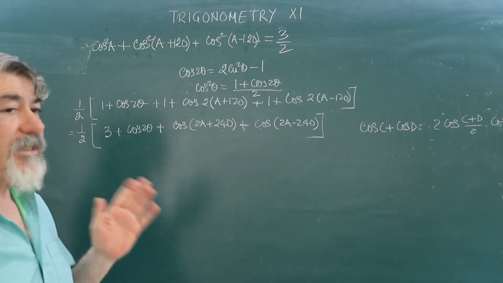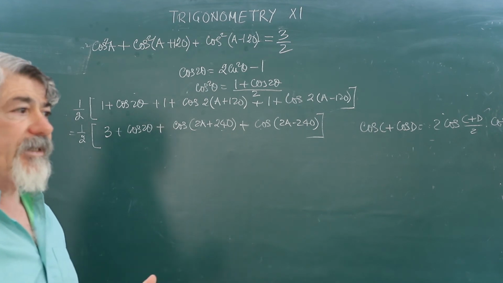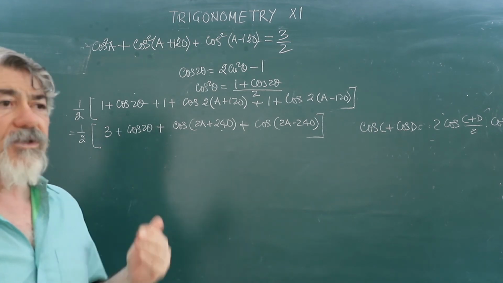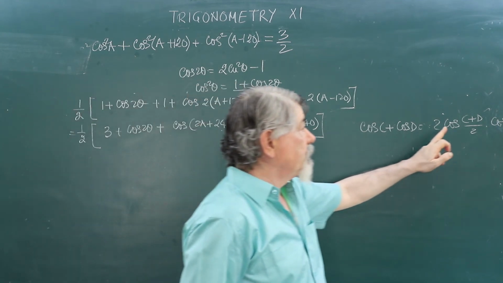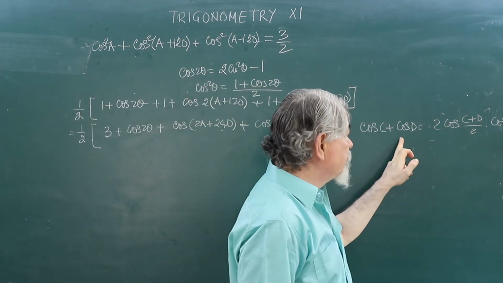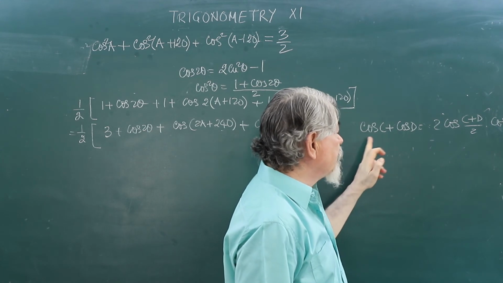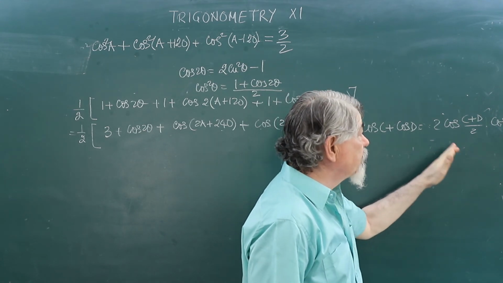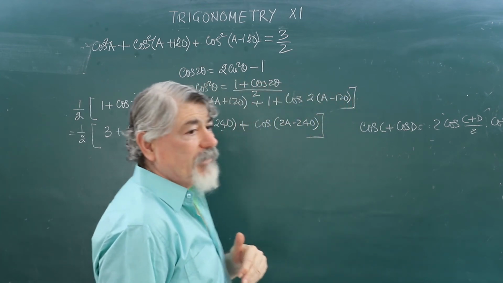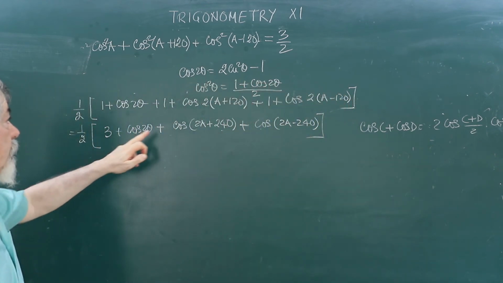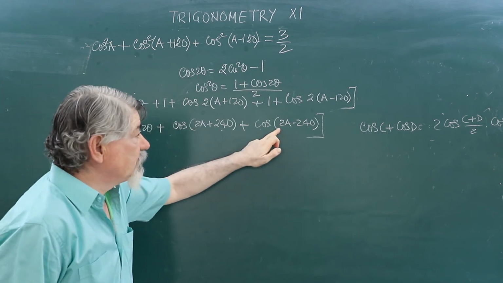While if it was sin C plus sin D or sin C minus sin D, it was sin cos or cos sin. But when it was cos C plus cos D, it was cos cos. When it became cos C minus cos D, it became 2 sin C plus D upon 2 and sin D minus C upon 2. So let us apply cos C plus cos D here.